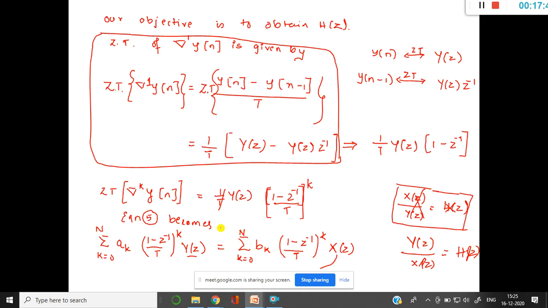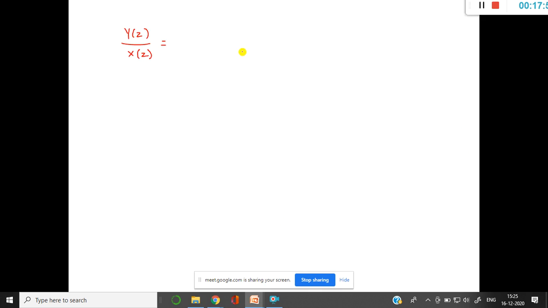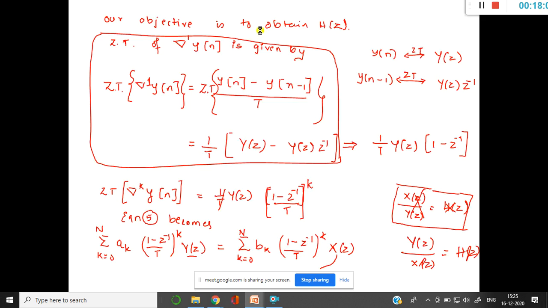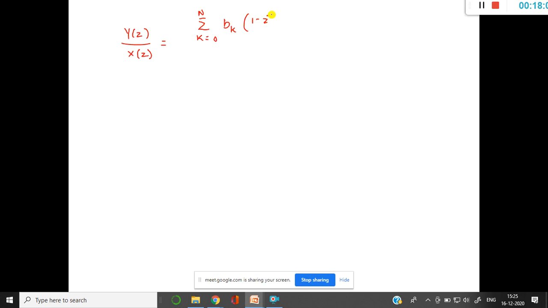So that is summation k runs from 0 to n bk (1 minus z inverse by T) whole to the power of k, whole divided by summation k runs from 0 to n ak (1 minus z inverse by T) whole to the power of k.